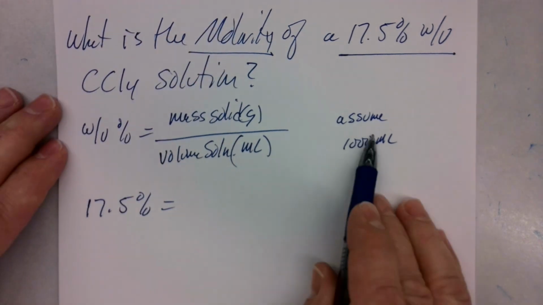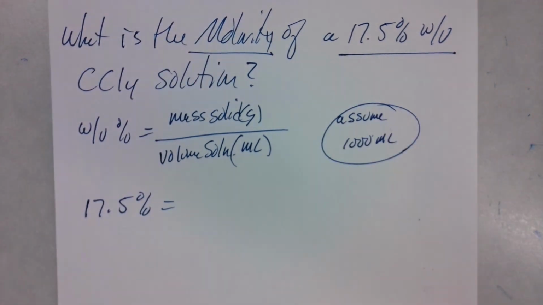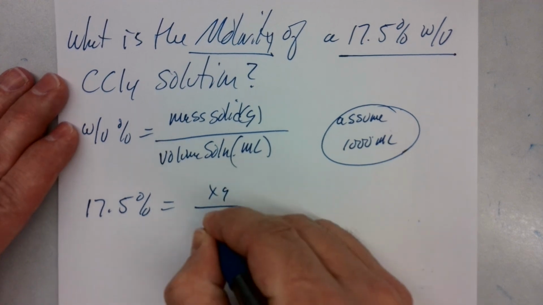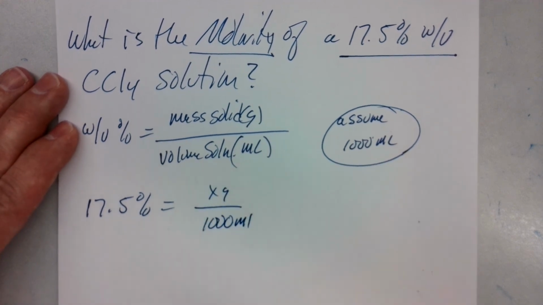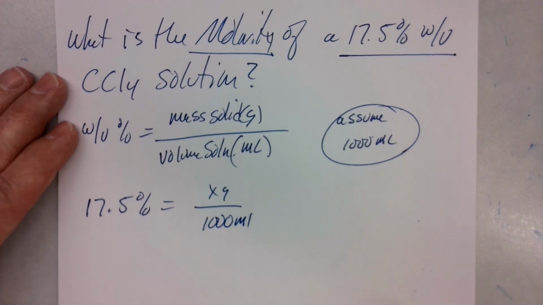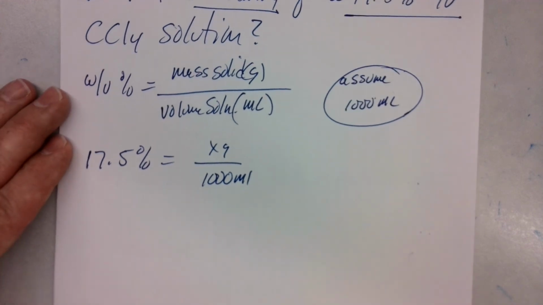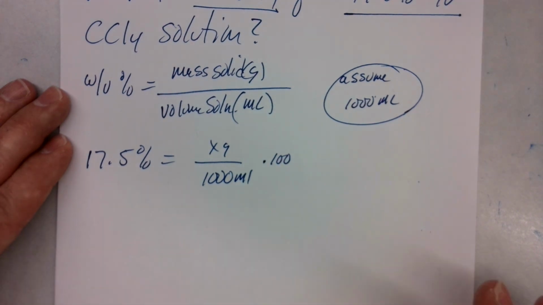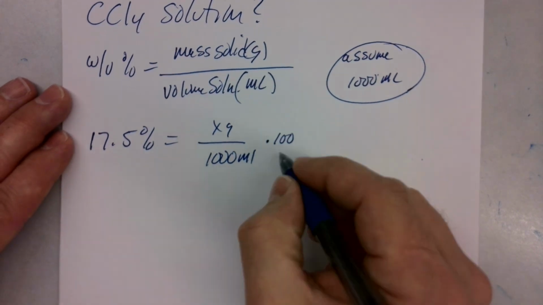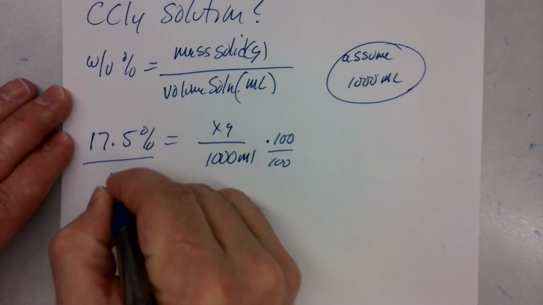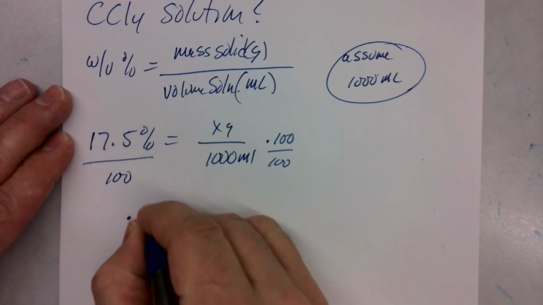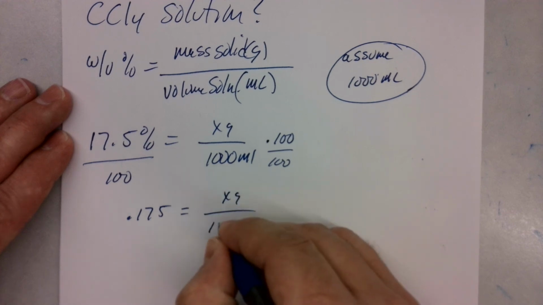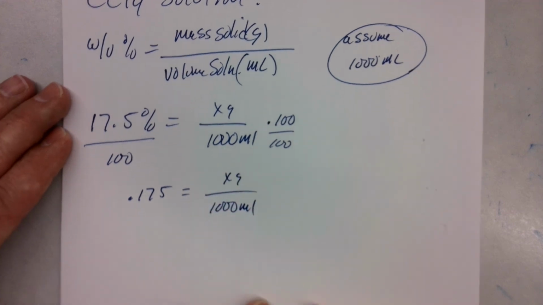So, if I assume 1,000 milliliters, I can go X grams over 1,000 milliliters, but I'm missing something here, right? Times 100, right? So what am I going to do here to do this math? Divide both sides by 100. That puts it back into 0.175 equals X grams over 1,000 milliliters, right?